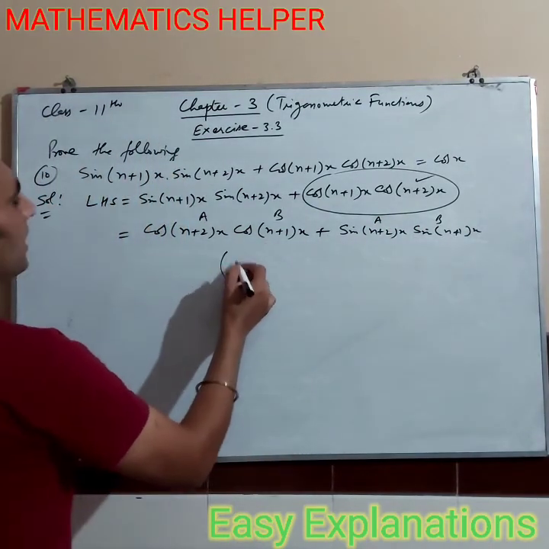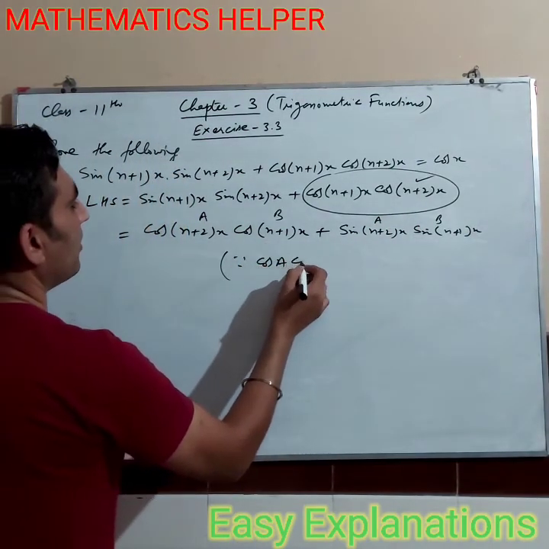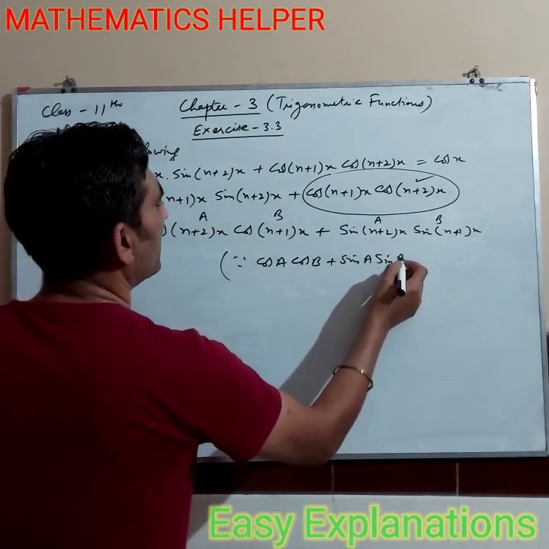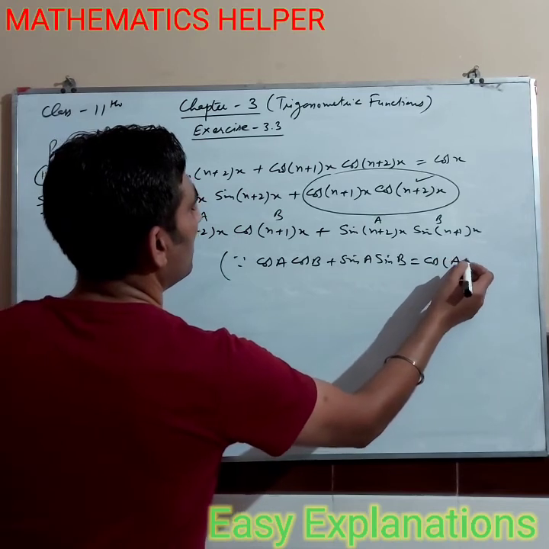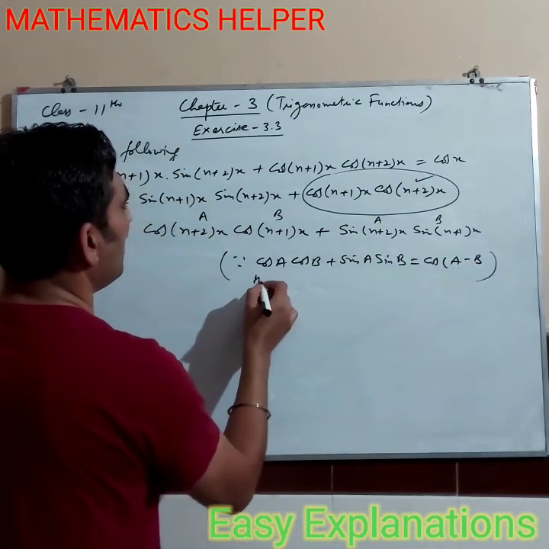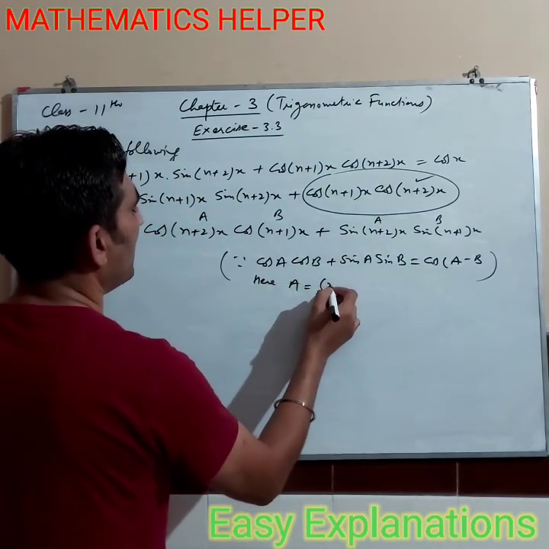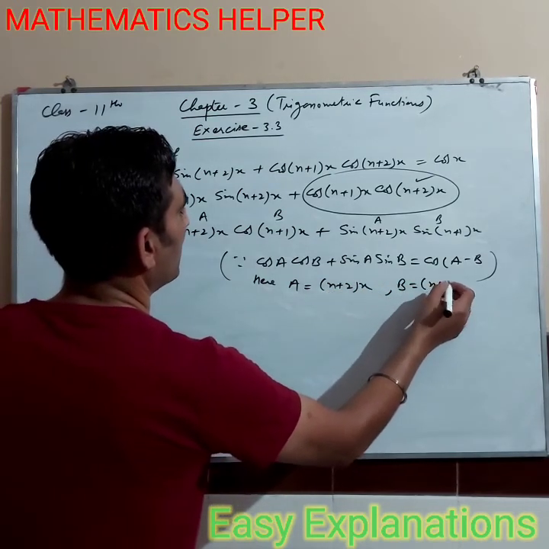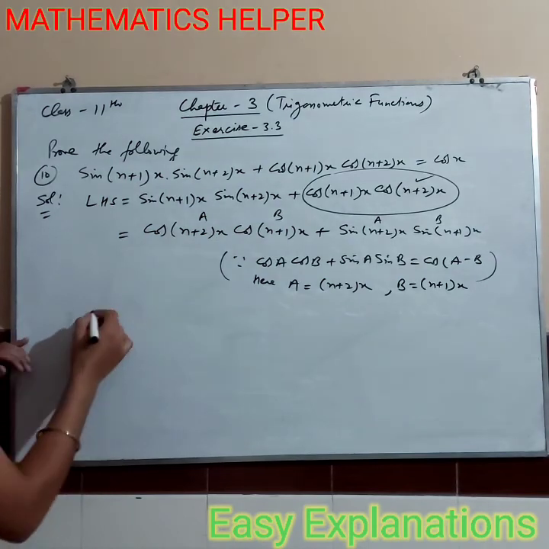So what is the formula for cos a cos b plus sin a sin b? That formula is actually cos(a minus b). What is a? a is (n plus 2)x. What is b? b is (n plus 1)x. Let's write it.